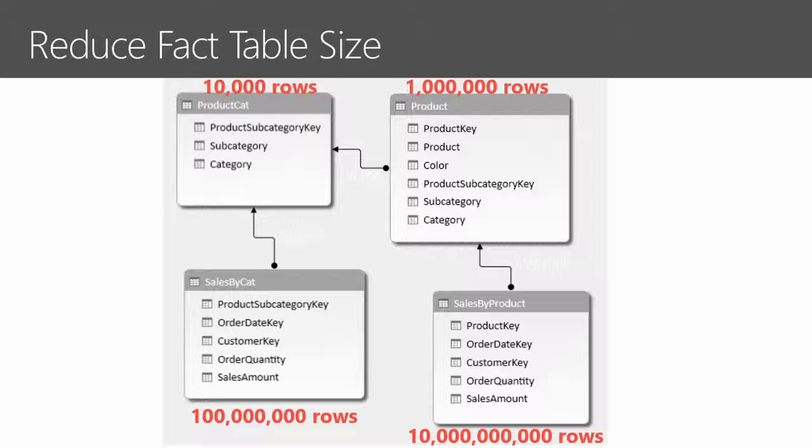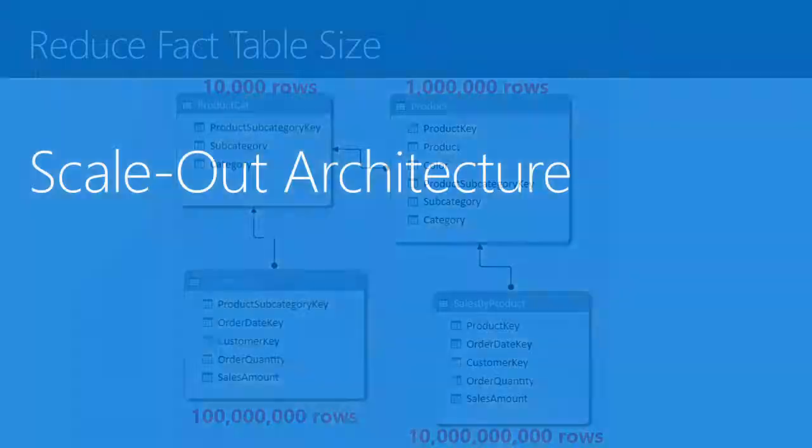And the interesting idea behind this is that I can reduce the order of magnitude of my fact table. So I solved two problems. Here I solved one problem, the size of the dimension, but the other important problem is the size of the fact table. If I start to have performance issues because of the size of the fact table, I can consider having another fact table that works at a different granularity level.